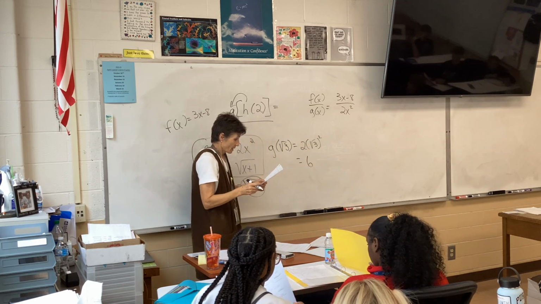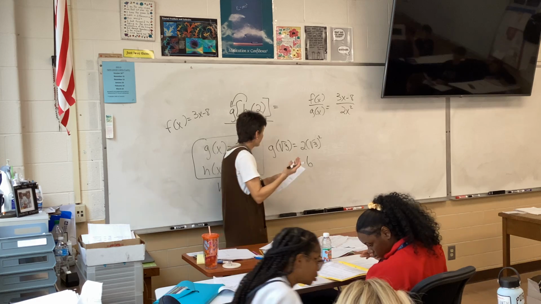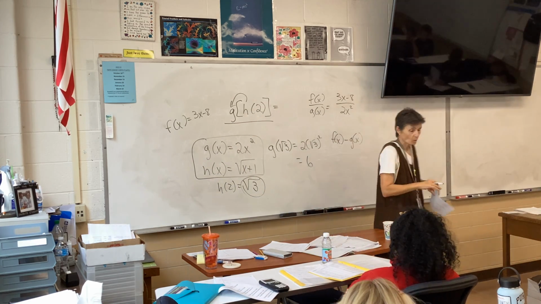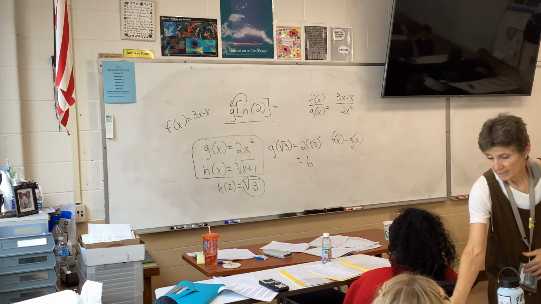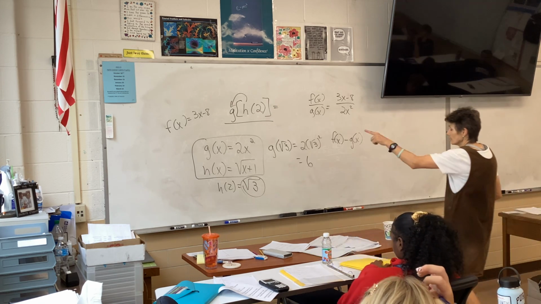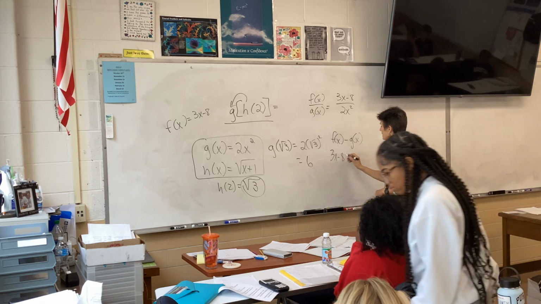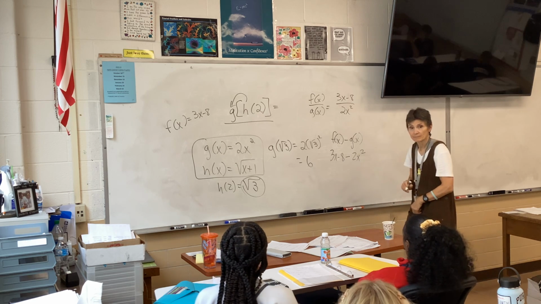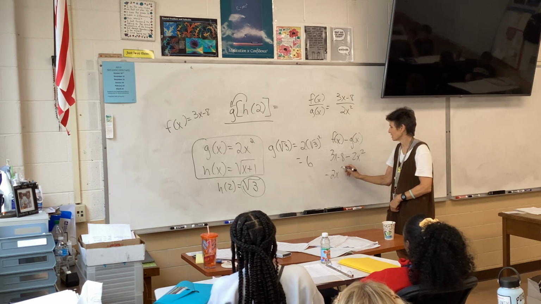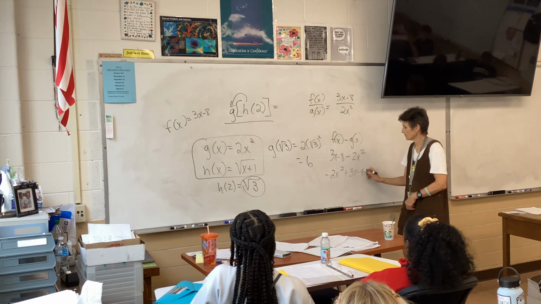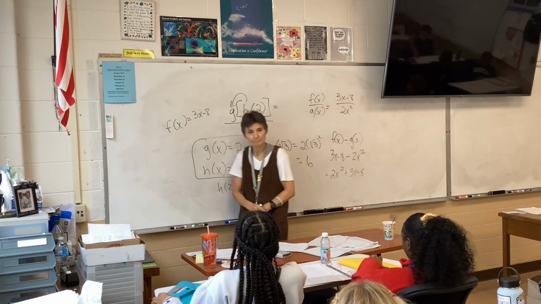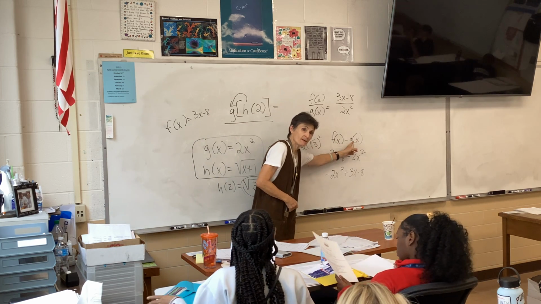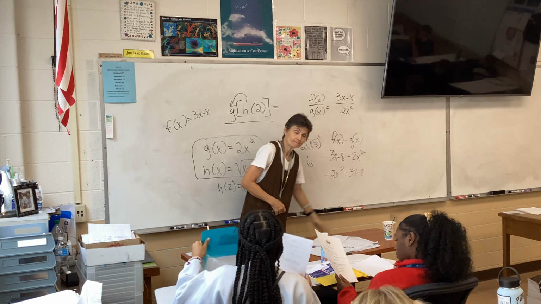And then f of x minus g of x, same thing, only we're subtracting. So we'll take our f function, 3x minus 8, and subtract our g function, which is 2x squared. Probably should write that in descending order. Not the end of the world if you don't, but that's fine. Notice, x is in the problem, Amanda, x is in the answer.